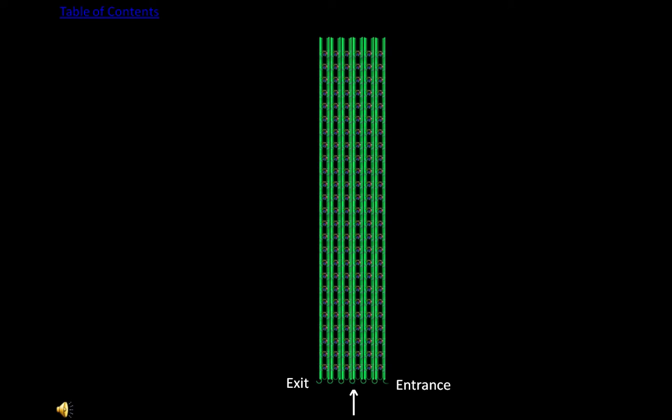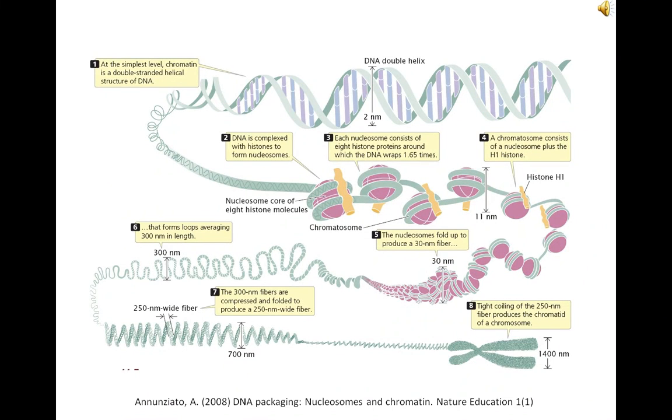A word is in order concerning the zigzag structure often portrayed in review articles. Here's one such illustration taken from a typical article on the subject of chromosome structure. This is a current view of chromosome structure.